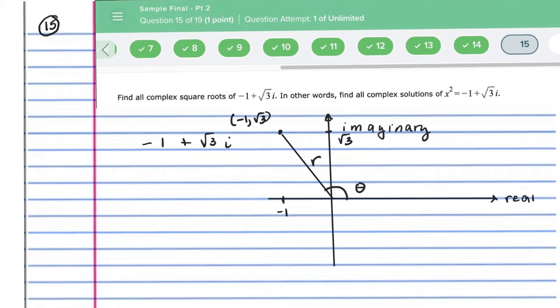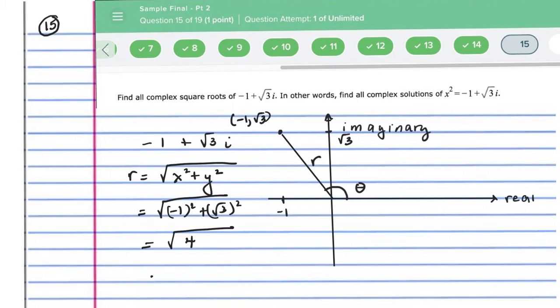So we know that r is equal to the square root of x squared plus y squared, which is equal to the square root of -1 squared plus root 3 squared, which is equal to the square root of 1 plus 3, which is 4, or 2. But we also already know that because 1, root 3, 2 is a special triangle.